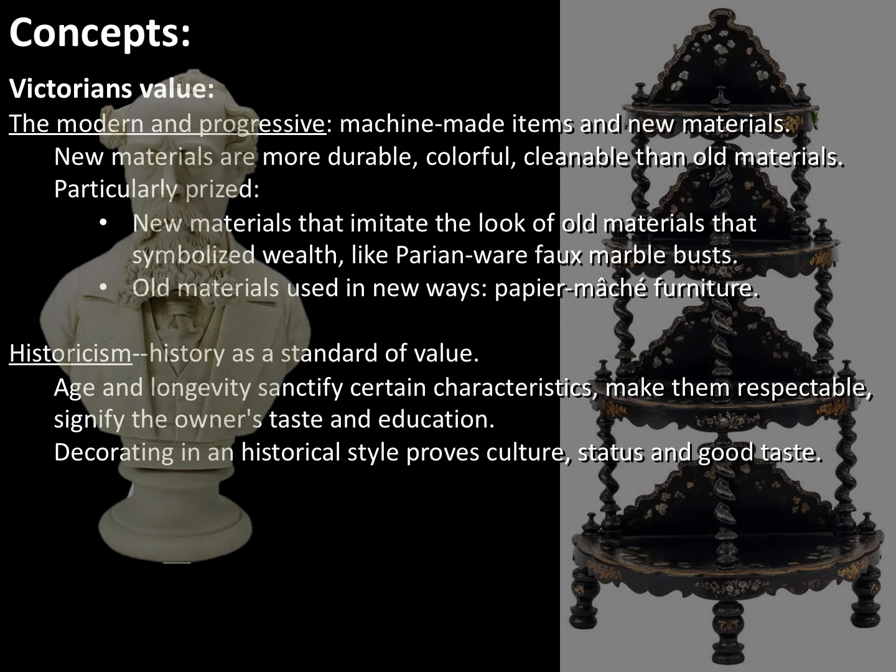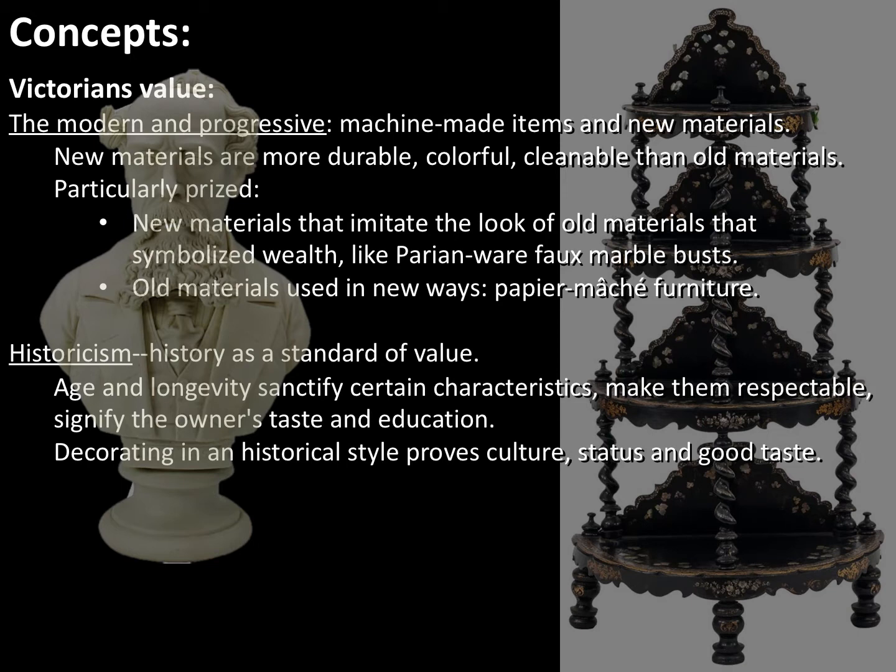The second thing that the Victorians valued is historicism. As basically, if it's old and if it's historical, that somehow it has value to it. So because age and longevity seem to have certain characteristics that make them respectable, they also signify taste and education.